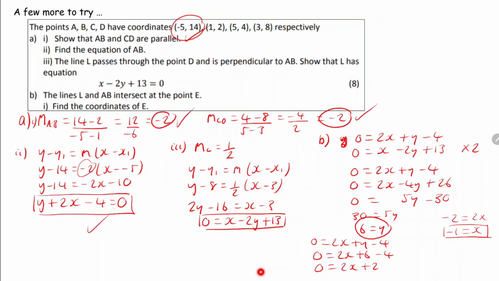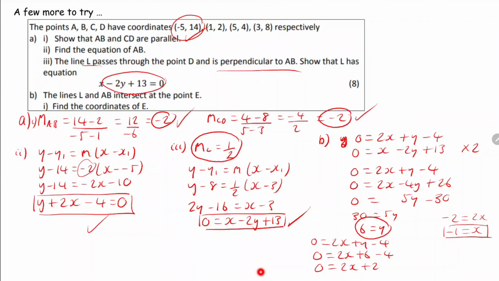That gives you the following equation: y plus 2x minus 4 equals 0. Then it tells you that line L is perpendicular to AB, so therefore the gradient of L was a half. Substitute a half in and use your coordinates for D. Simplify, and that gave you this equation, which is the one you were trying to show.